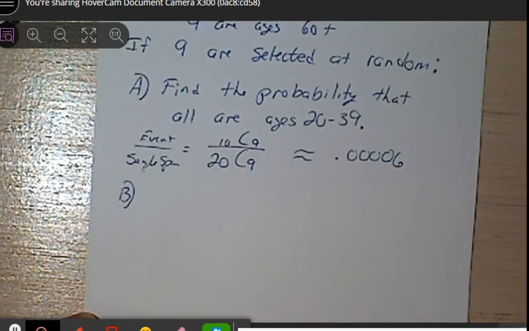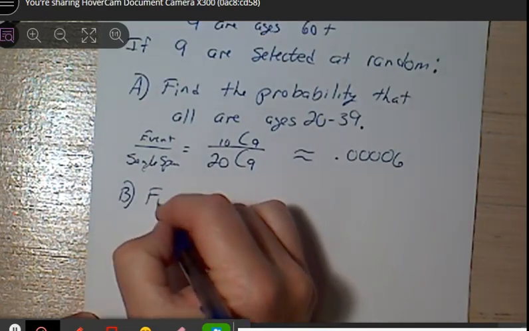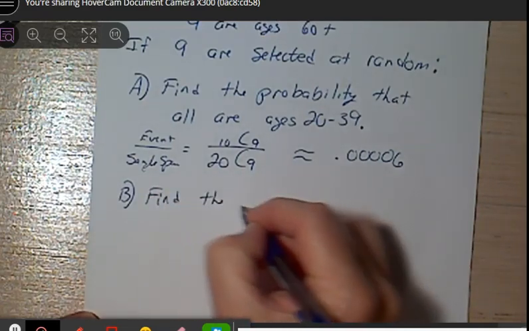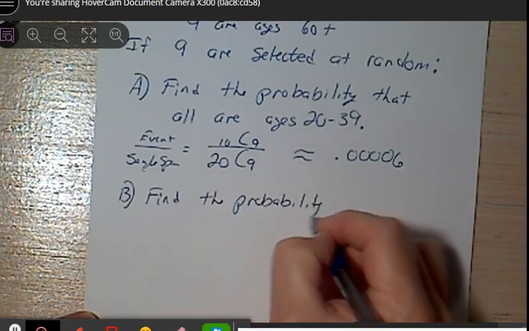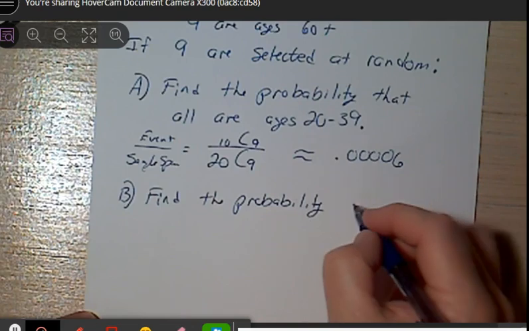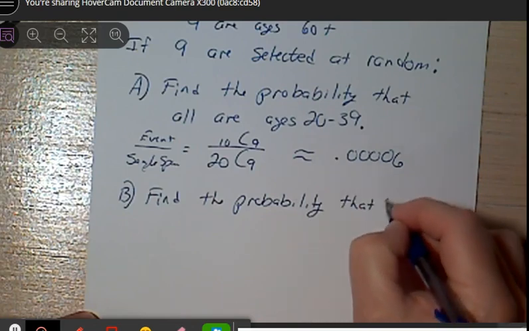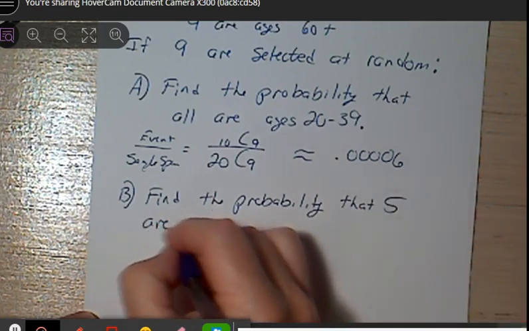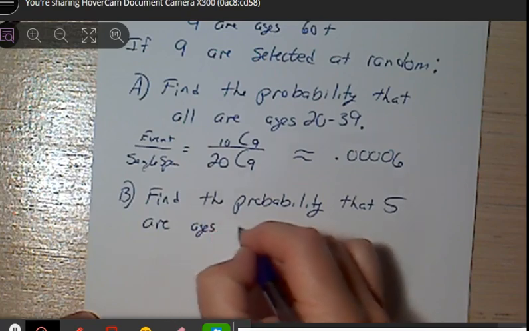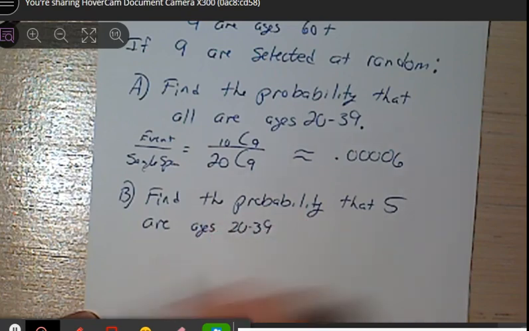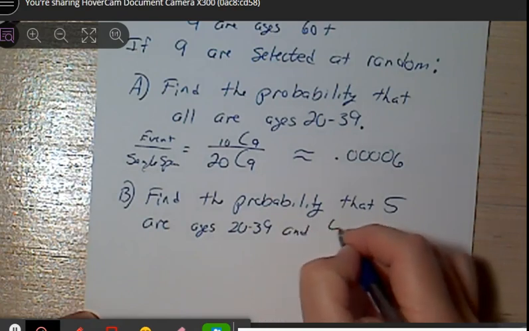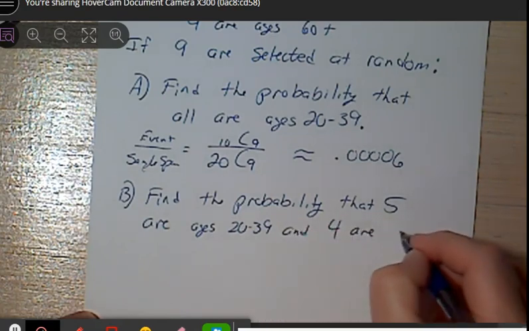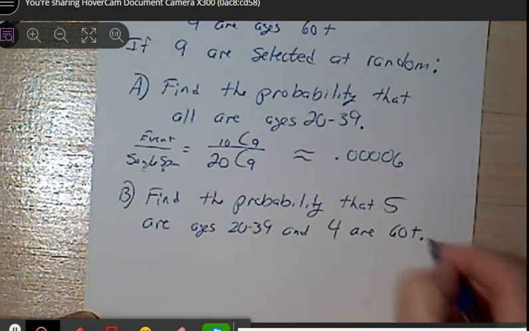Okay, so for part B, let's find the probability that 5 are ages 20 through 39, and 4 are 60 plus.